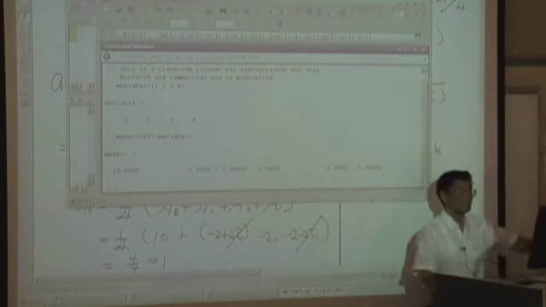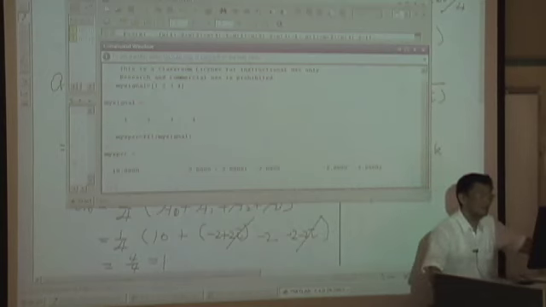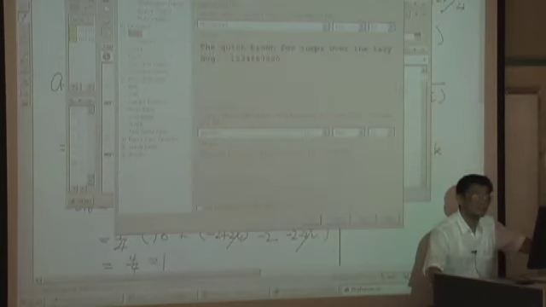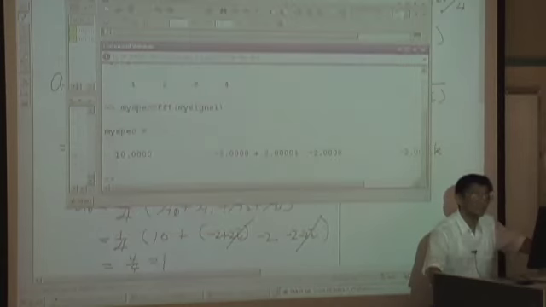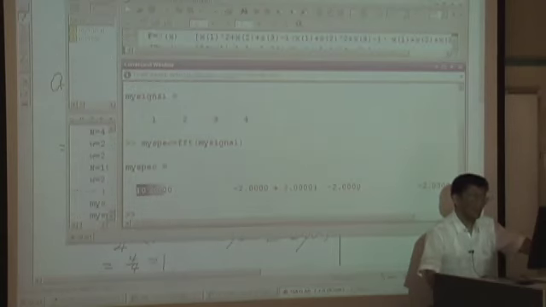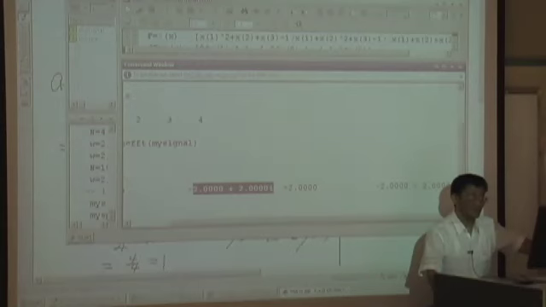Then this is the spectrum that we hand calculated, but now as you can see, we can obtain the value. Take a look. We hand calculated this value, and this value, and this value, and this value.